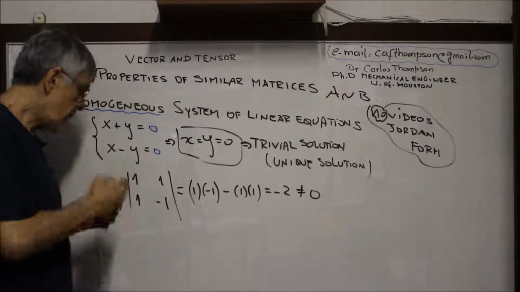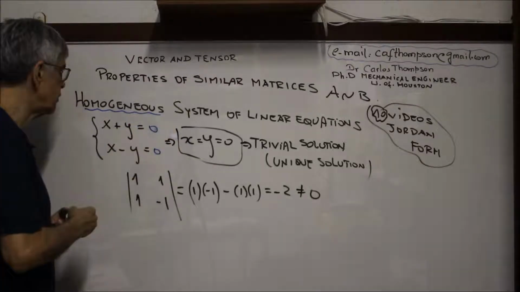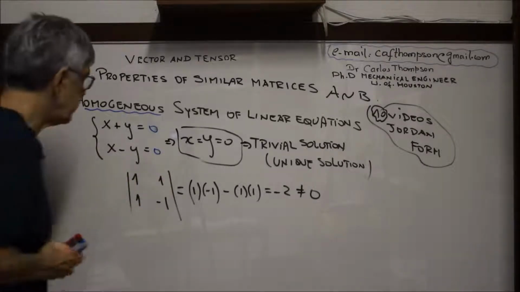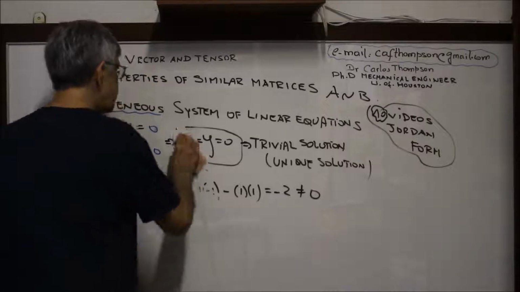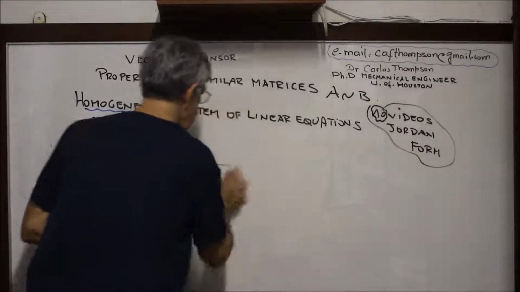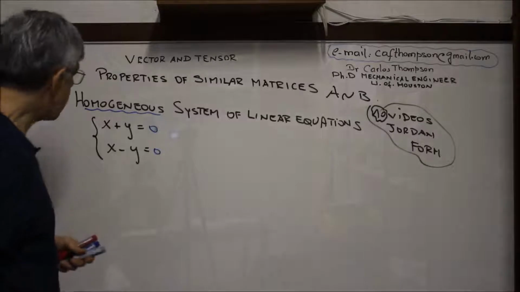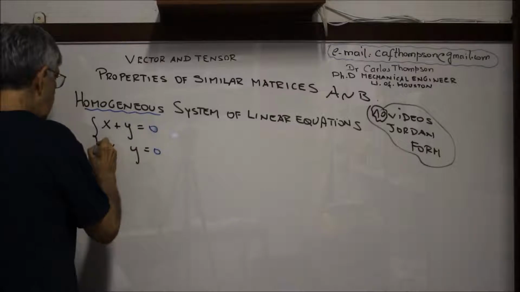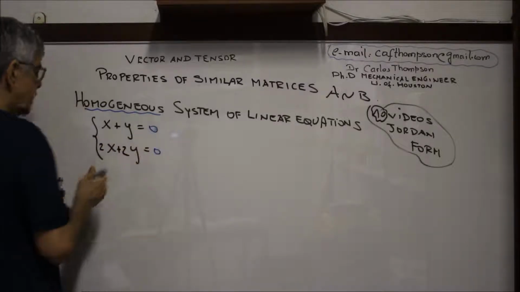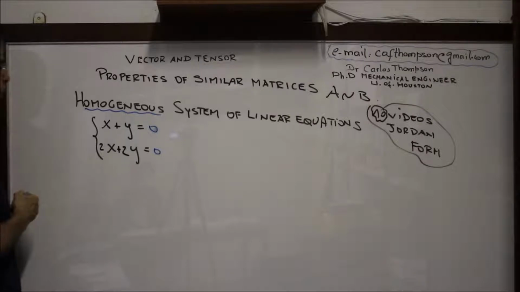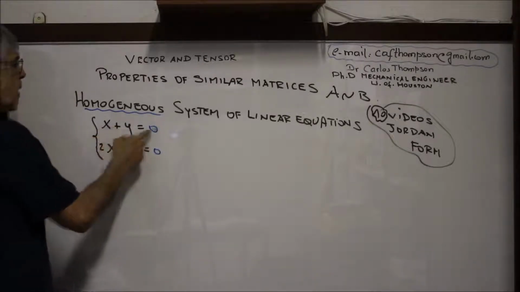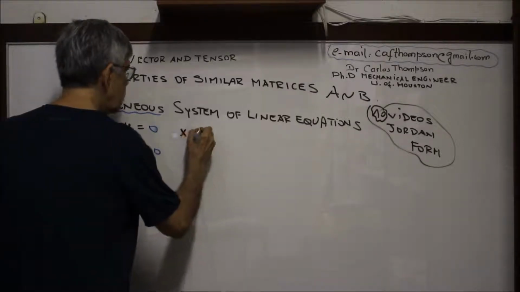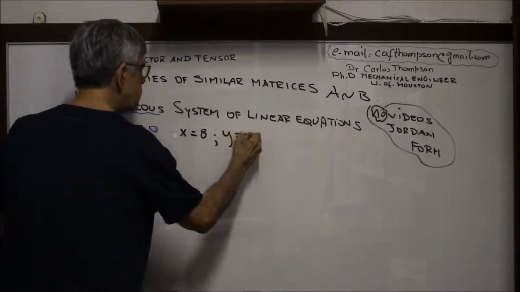Now, let's see another case of a homogeneous system. Let's change here. Now, x plus y is equal to 0, and 2x plus 2y is equal to 0. Look, x plus y is 0, so let's put x equal to 8, y equal to minus 8.